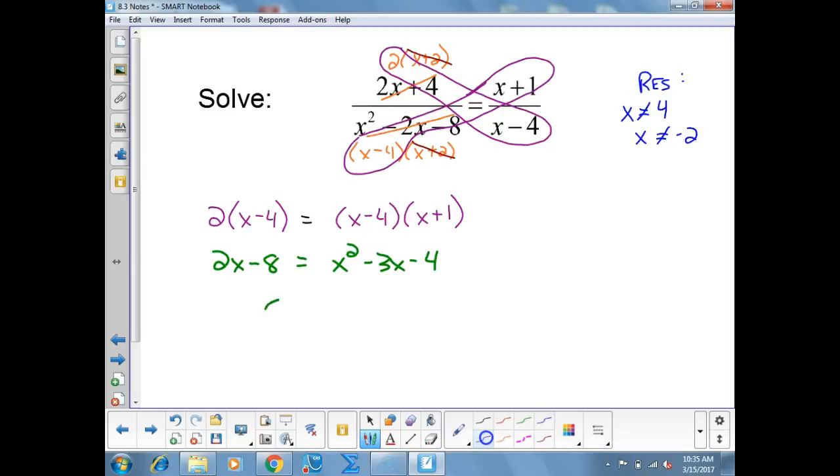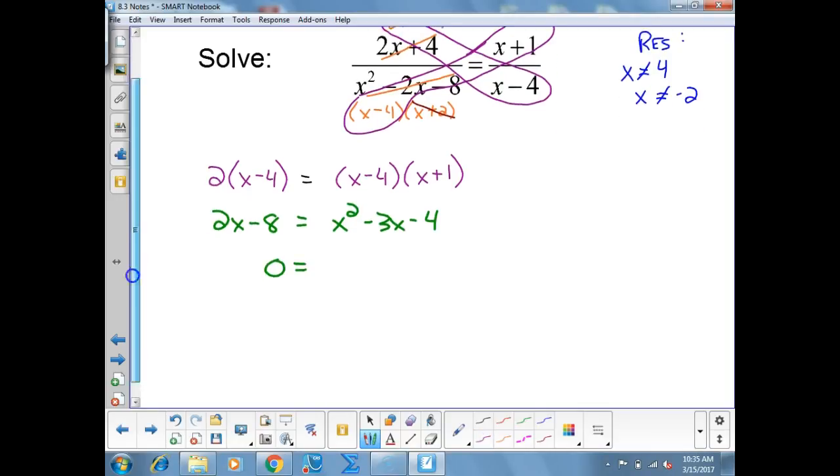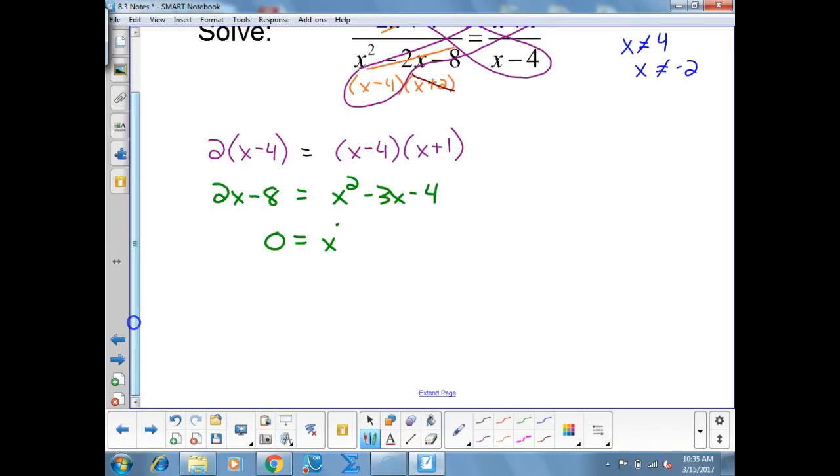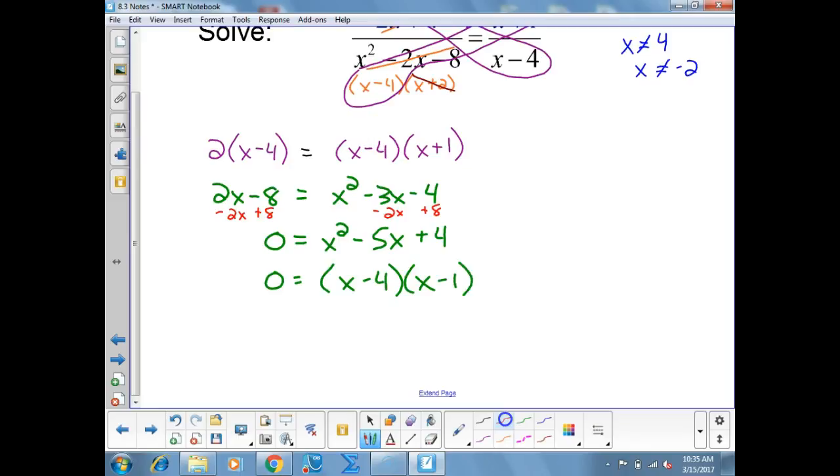So that's going to give me 0 equals x squared minus 5x plus 4. Factor. X minus 4, x minus 1.